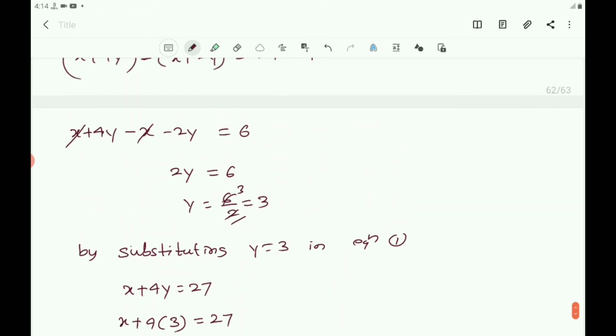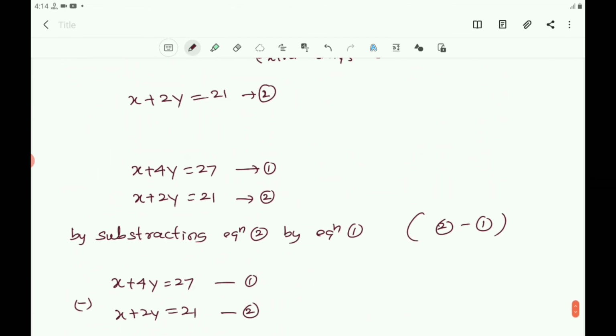So x is the fixed charge and y is the extra charge here.